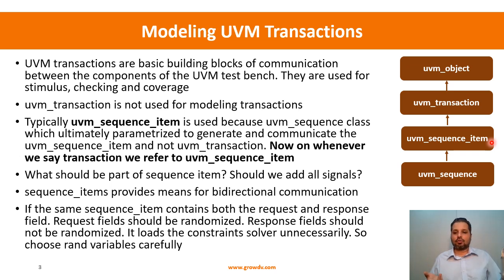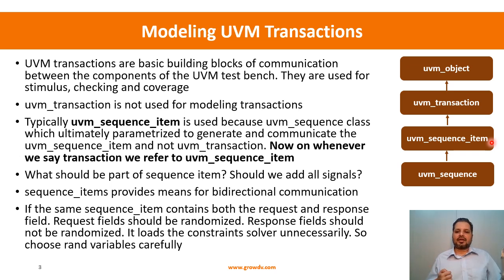But for example, if I have a ready valid interface, in the APB I don't need to really model ready valid as a part of the APB sequence item. That is the point I'm trying to make here. And for the response or any state type of information, if you are planning to put it in your transaction for local usage while randomization, just take care not to randomize it.